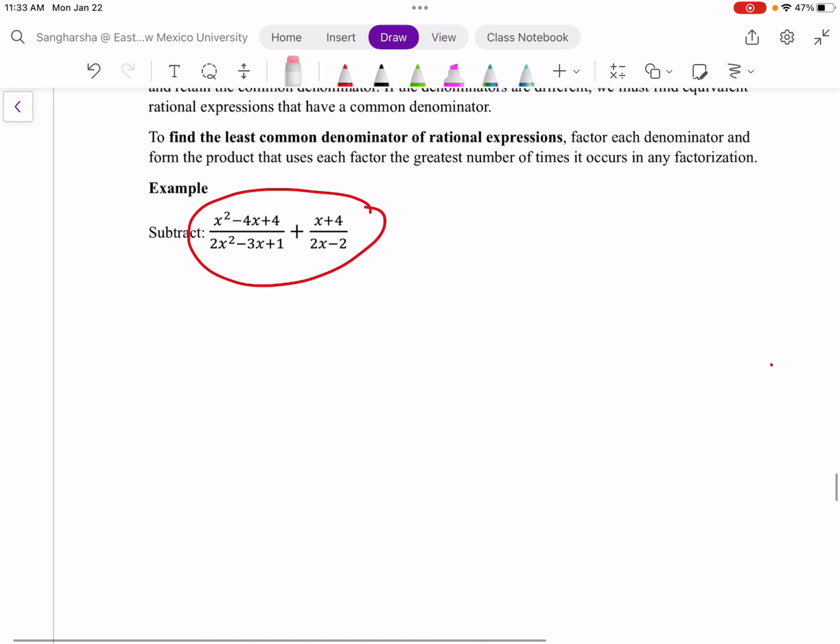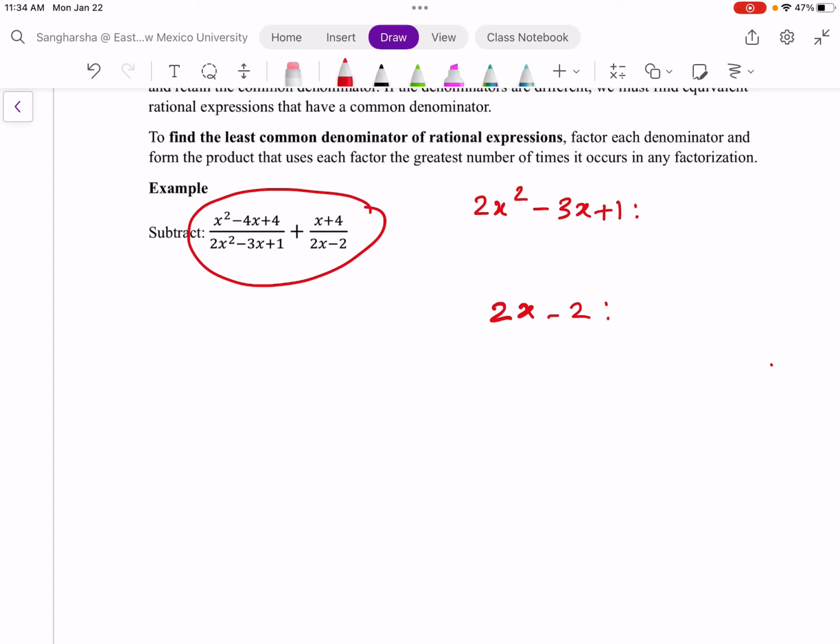So our denominators are 2x squared minus 3x plus 1, right? And the other one is 2x minus 2. Let's write down each of these in factor form.